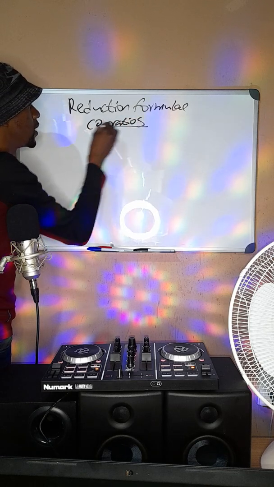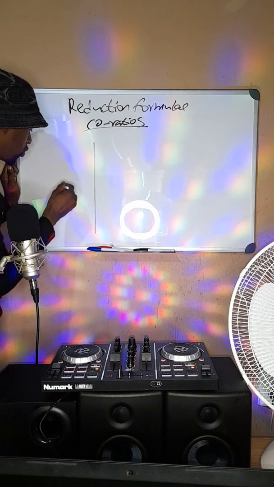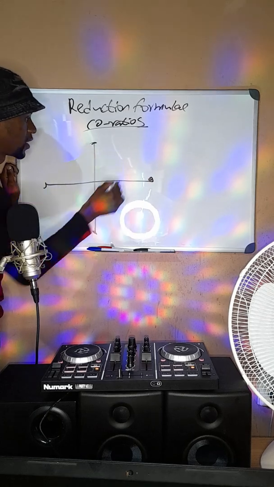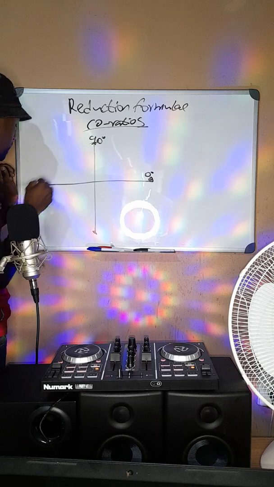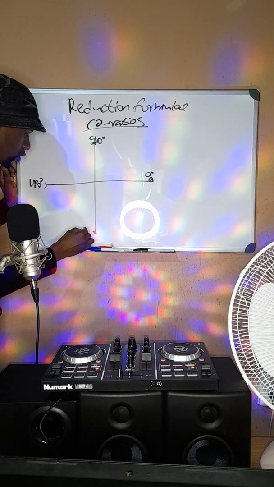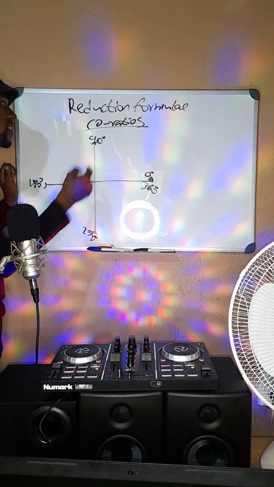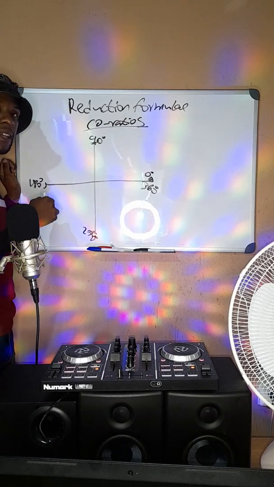We are still having our beautiful Cartesian plane like that. This is our Cartesian plane, 0 degrees, in positive direction, 90, 180, 270, 360 degrees like that. When it comes to the co-ratios, we are focusing only on the 90 degrees.